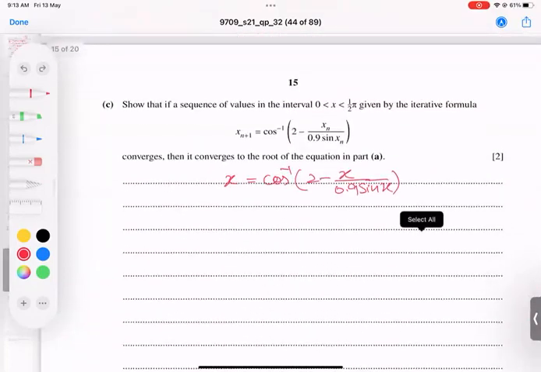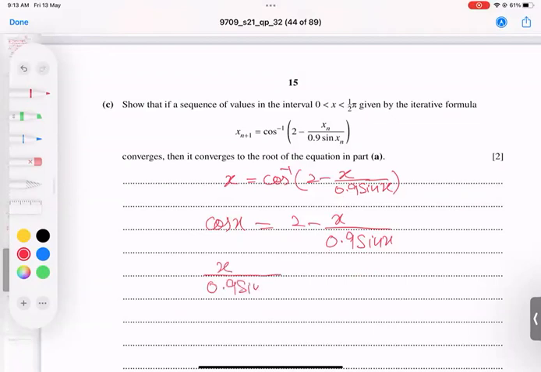So first of all, cos will go to the other end, inverse will finish automatically. After this, I shuffle this to come to the left hand side and this to go to the right hand side. Change the places. Two minus cos x. And now this 0.9 is multiplied there, 0.9 right before the bracket.